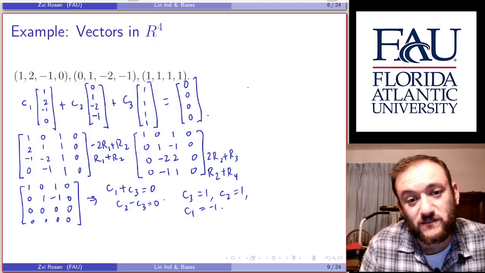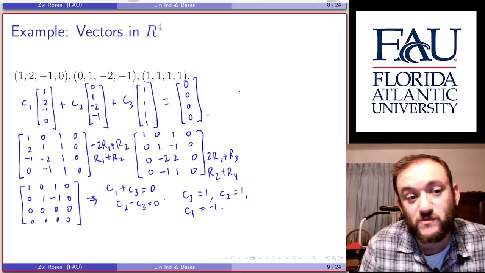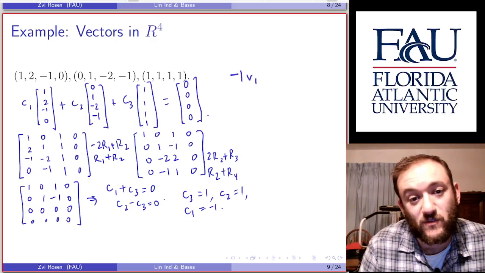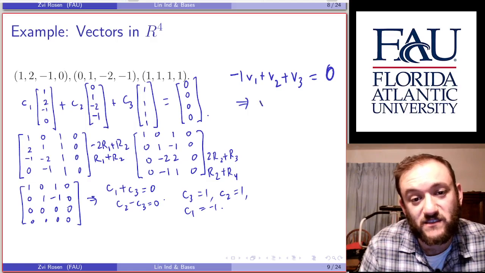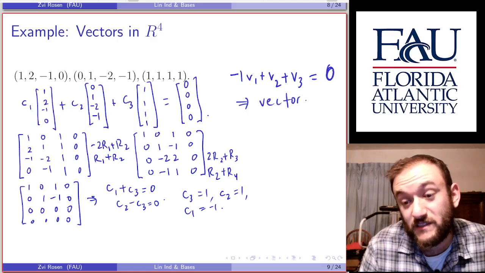And so as a result of this computation, because we have minus 1 times v1 plus 1 times v2 plus 1 times v3, and that's equal to the 0 vector, this implies the vectors are linearly dependent.